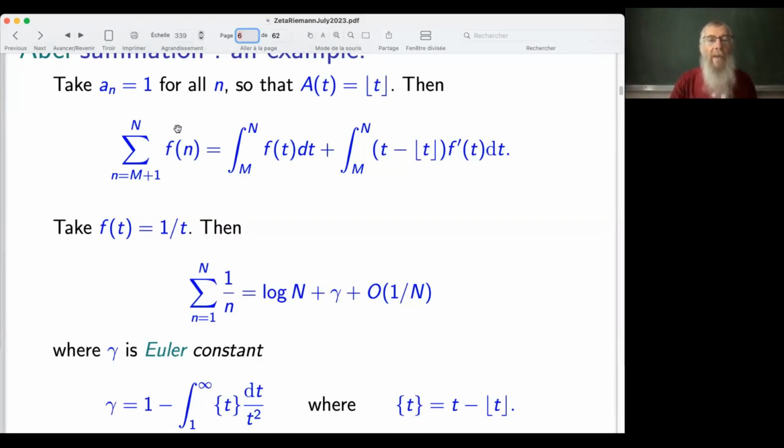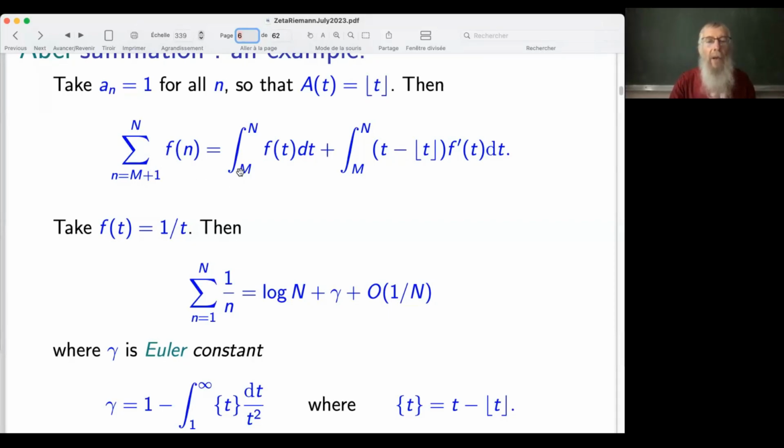So the left-hand side is the sum of f(n). The integral is f(t) dt. And the difference between the sum and the integral is the integral from m to n of the fractional part of t, f'(t) dt. And if you use it for the function f(t) equal to 1 over t, what you get on the left-hand side is the sum of 1 over n, and we take m equal to 0.